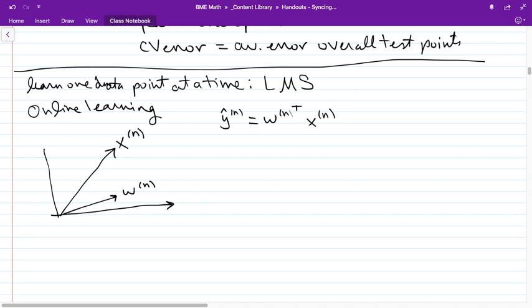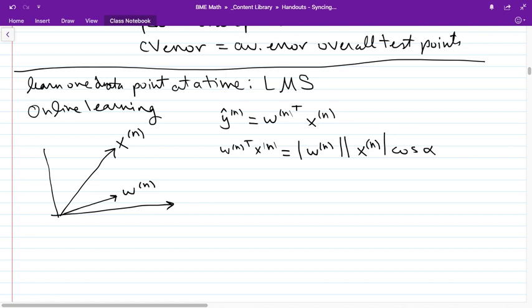So what is this Wn transpose X of n? What does this mean? So Wn transpose X of n is the magnitude of vector W times the magnitude of the vector X multiplied by the cosine of the angle between them.